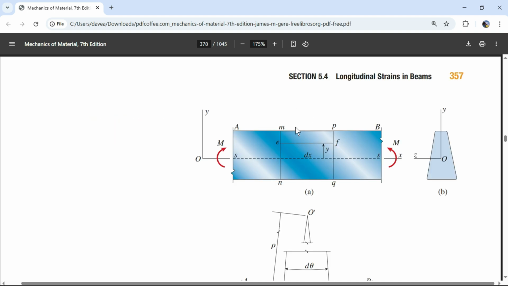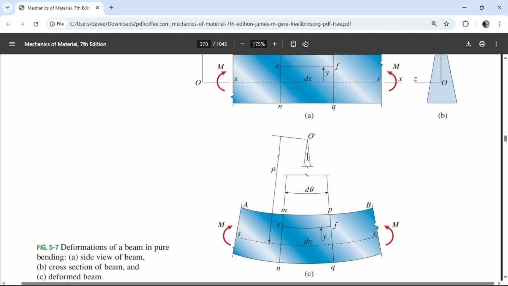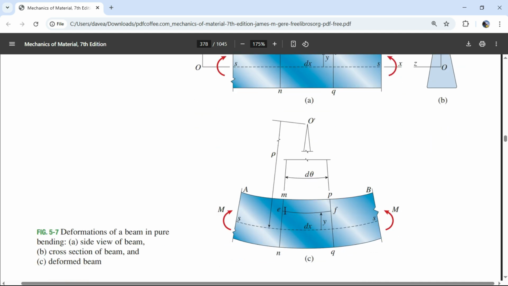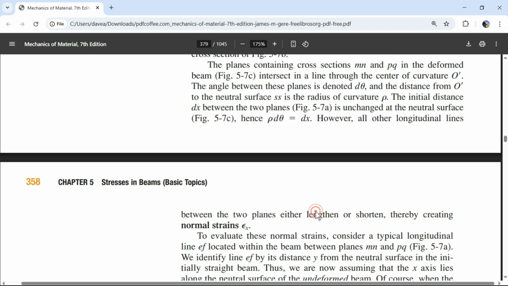What happens is that this distance EF was the original distance dx, but in this new picture, this distance from here to here for sure shortens, because if we extrapolated and made this distance EF up here, it would almost be 0. So that's what they're going to be pointing out.